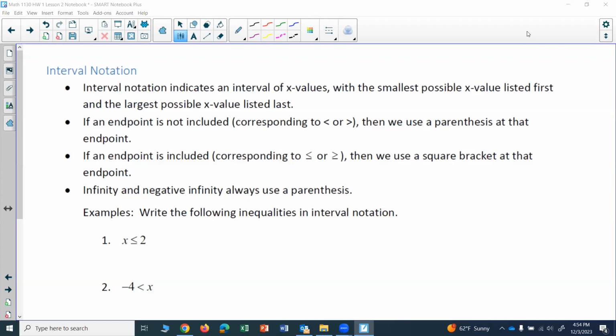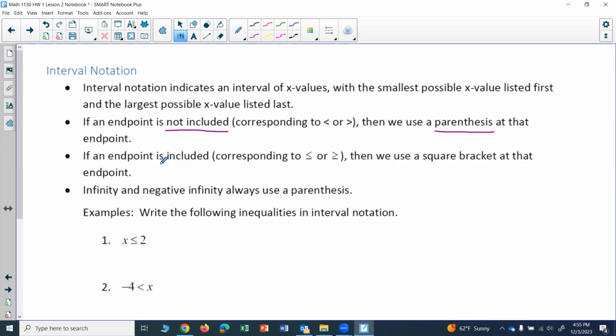If an endpoint is not included, so if it corresponds to a strictly less than or strictly greater than, then we use a parenthesis at that endpoint. Parenthesis is just the singular of parentheses. So a parenthesis means that the endpoint is not included.